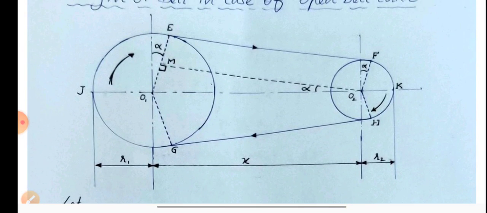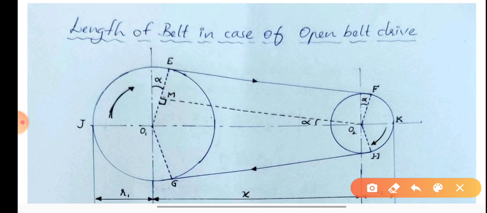When I say length of belt, you have to consider the total length required to run on these two pulleys. I will consider this arc from this point to this point; this is the amount of belt which is covering the surface of the pulley.